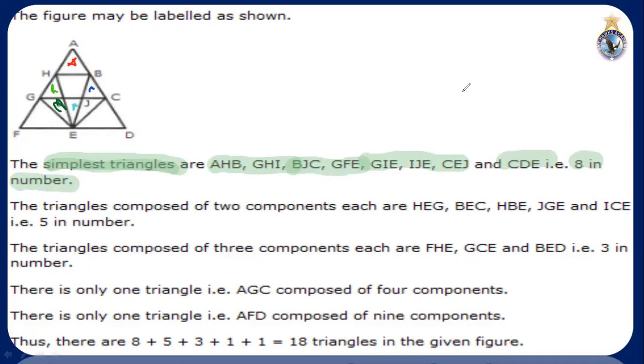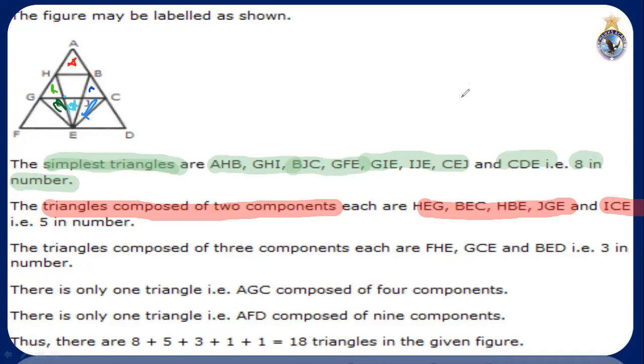I is here. Okay. And then CEJ, just adjacent to that one. You can see this one. And these are 8 triangles.